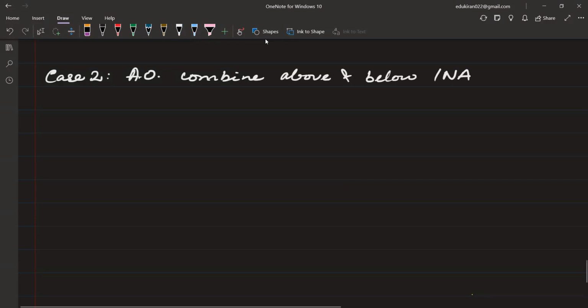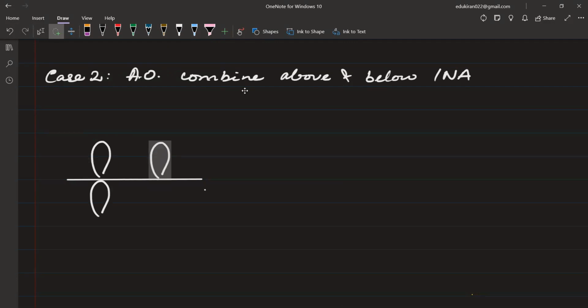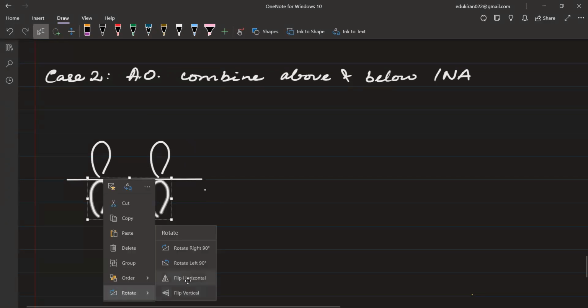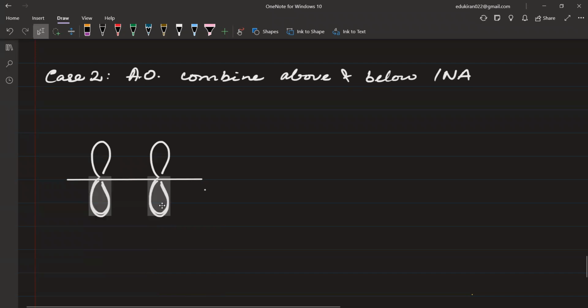So we can make, this is your internuclear axis. This will not be given, but we can understand that this is your one lobe. This is your another lobe. And then we are going to just flip it. Flip vertical. Okay.